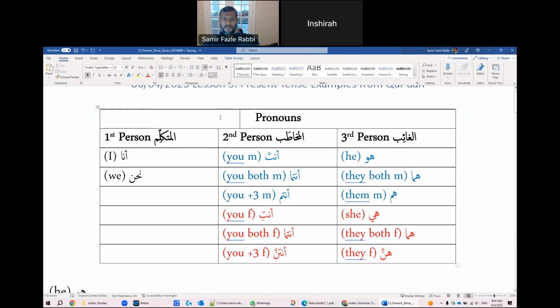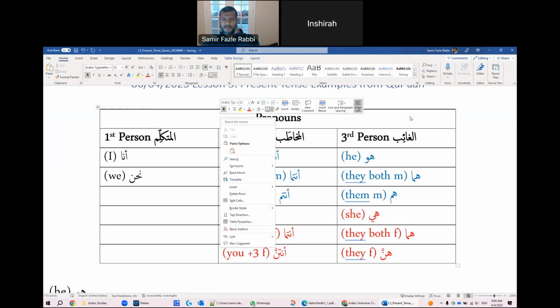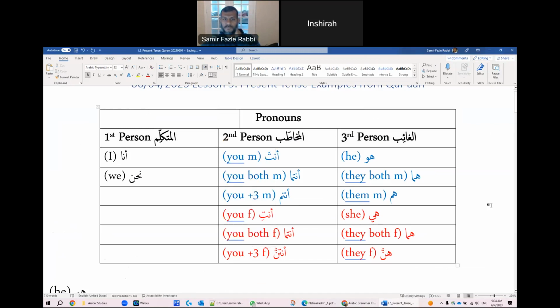Okay, so the first person pronouns. I can't read that word after first person. المتكلم. Okay. I is أنا. We, نحن. Second person, is that the word المخاطب? Yes. Okay, المخاطب.